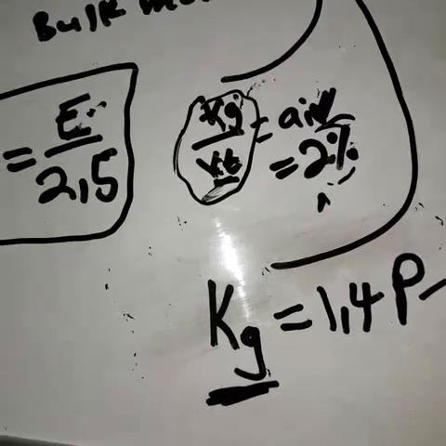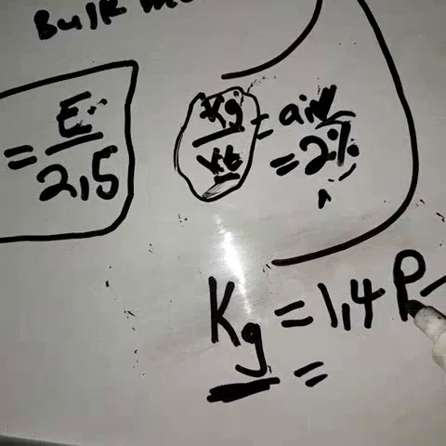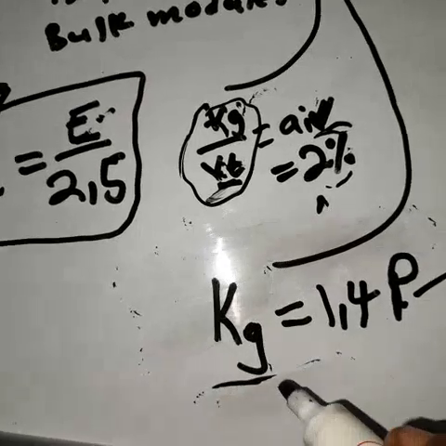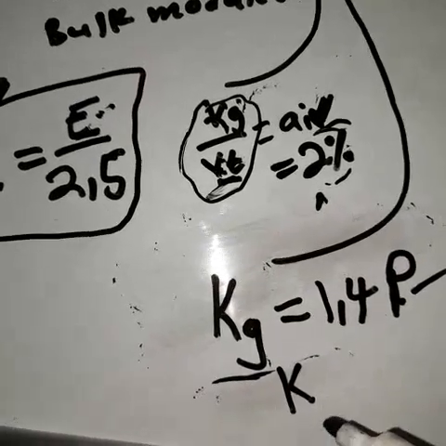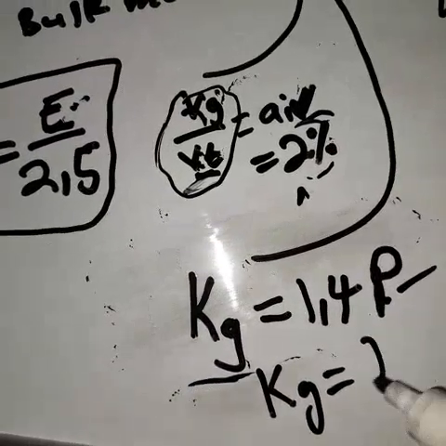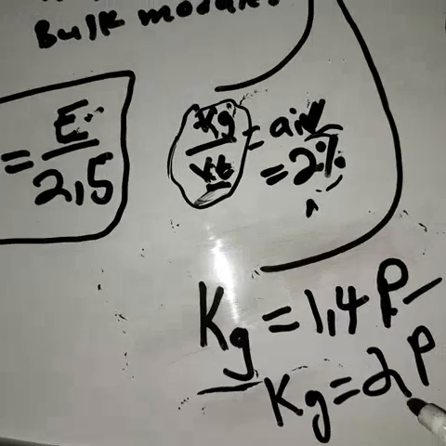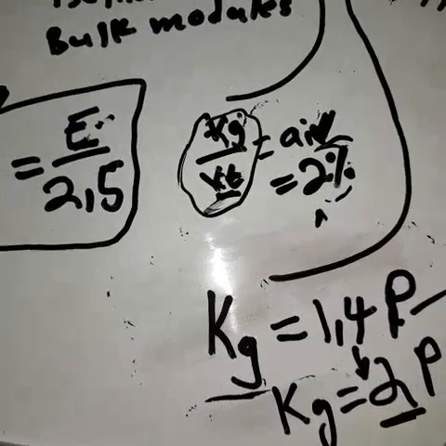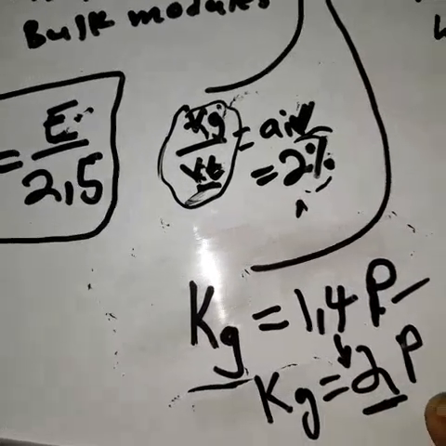If you know the pressure, you can simply substitute your pressure here and get Kg. This will be given in the formula sheet. You know, this is 1.4, always 1.4.